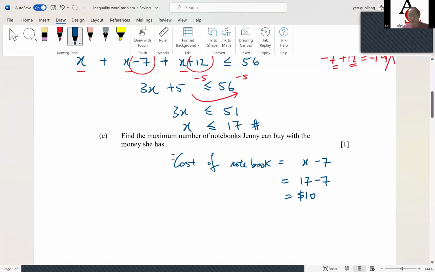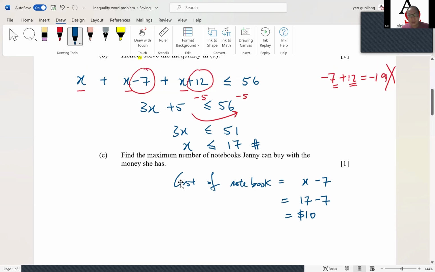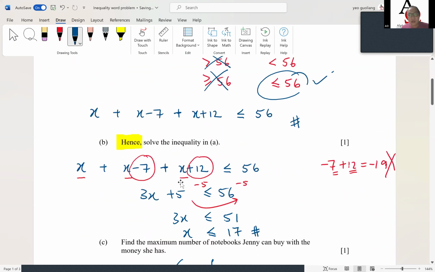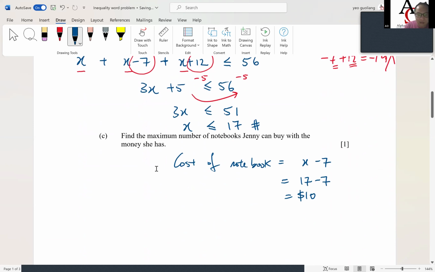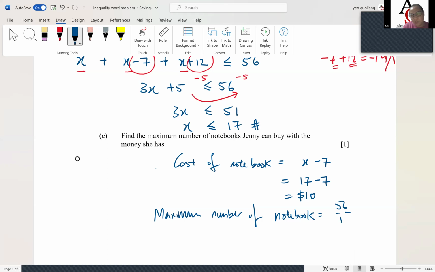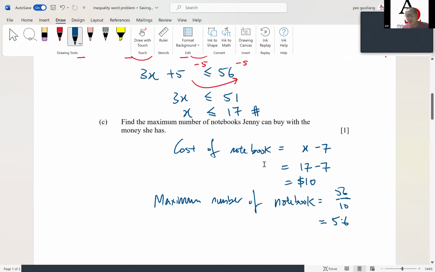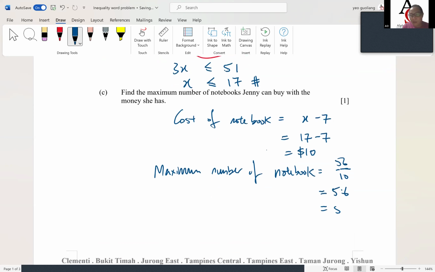What is the maximum number you can buy? You have $56 to spend. So the maximum number of notebooks: $56 divided by 10 is 5.6, right? But you can't buy 5.6 books, so you can buy 5.